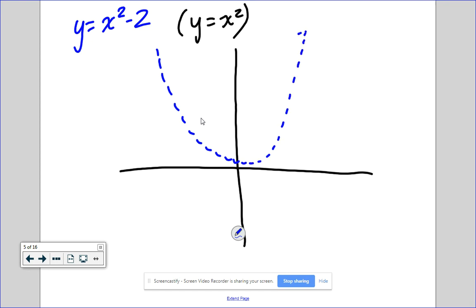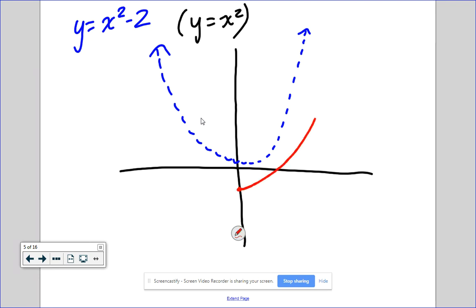And it looks like this. It's not perfect, but it's close enough. But now, what does that minus 2 do? It moves the whole graph down 2 units.